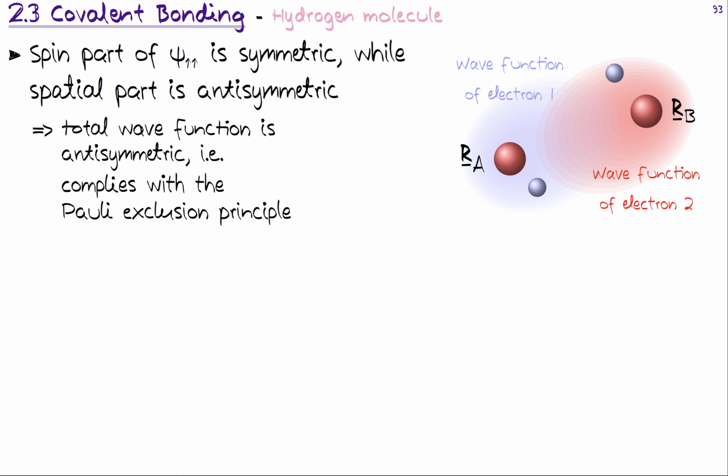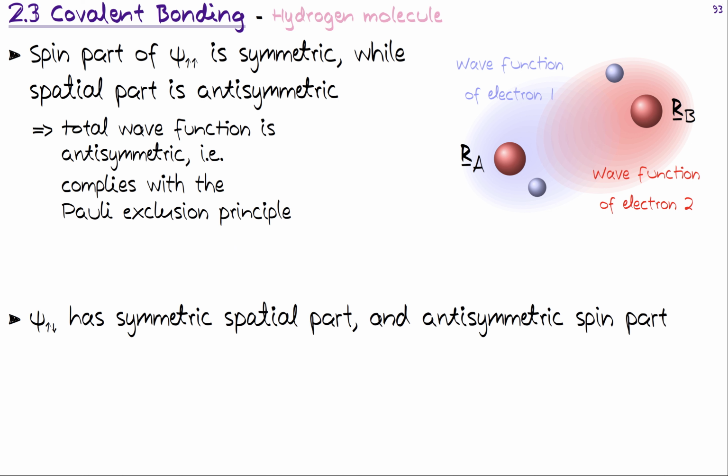And this is how the situation looks schematically: we have the wave function of electron 1 denoted with the blue cloud, and the wave function of electron 2 denoted with the red cloud. Psi with spin upwards and downwards has a symmetric spatial part and antisymmetric spin part.